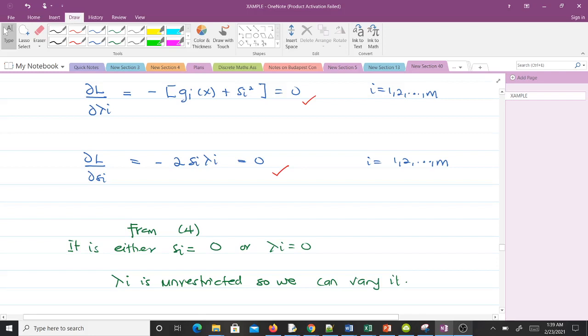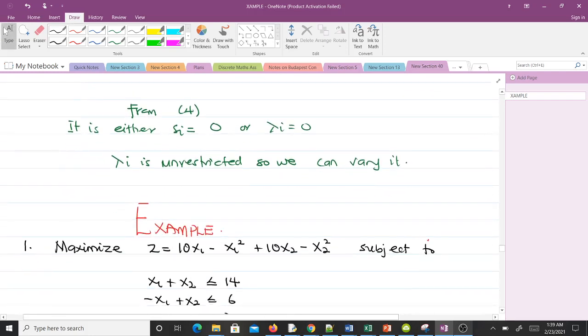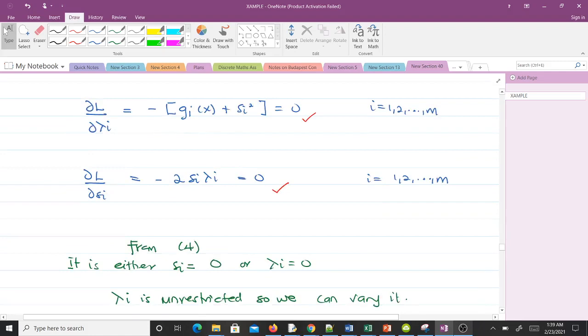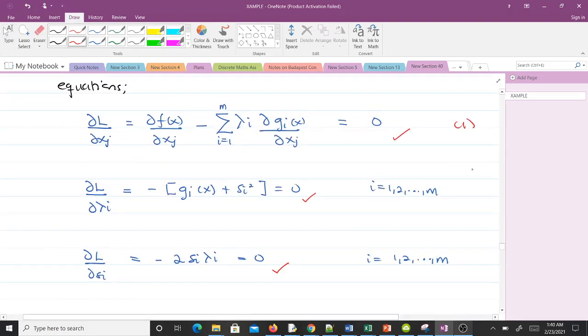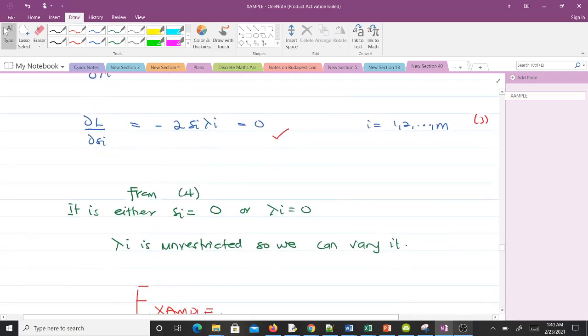So let's call these equation 1, equation 2, equation 3. Other times, from equation 3, we do some kind of analysis, because in mathematics, when you have AB equals 0, it's either A is 0 or B is 0, but not both.